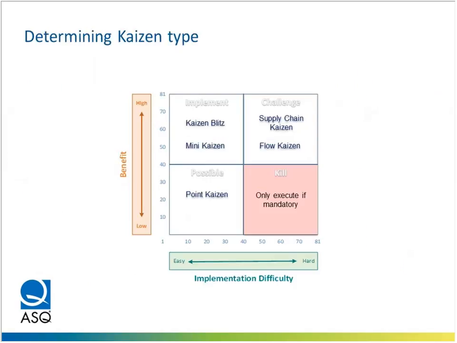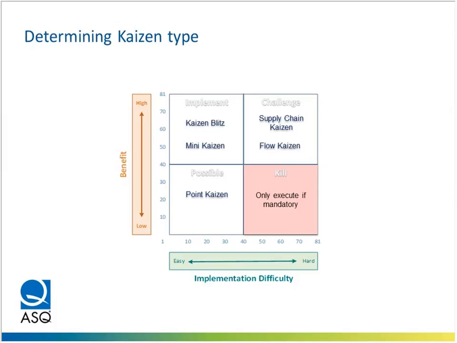On the slide here, you can see how the Kaizen types fit in a pick matrix. This is not a rule. This is what we have noticed as we've done many projects, and we've used the calculation to see where to place them in the pick matrix. The point Kaizens are typically possible.